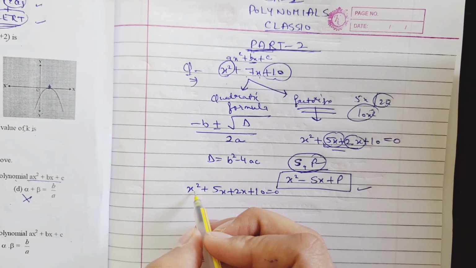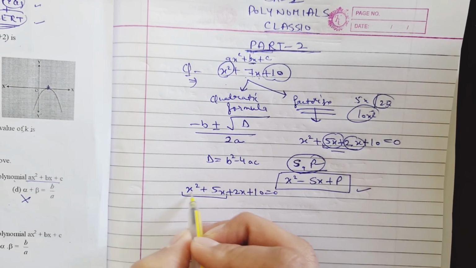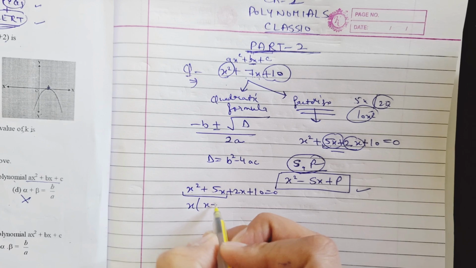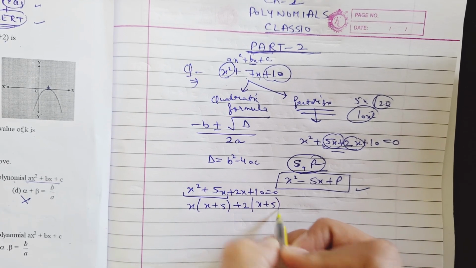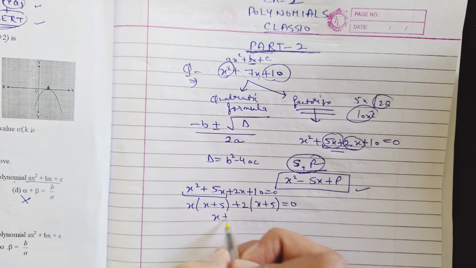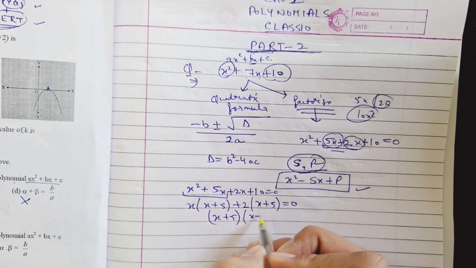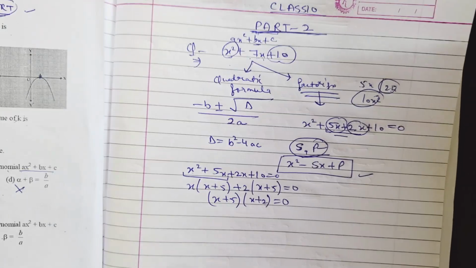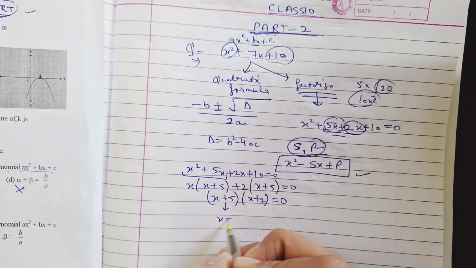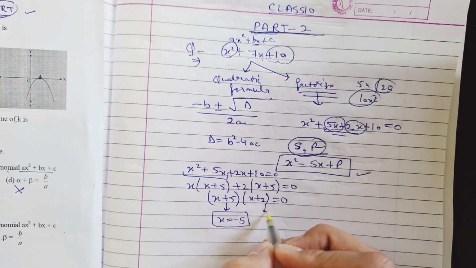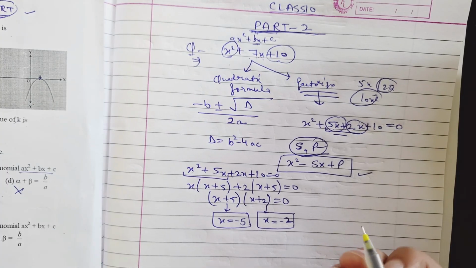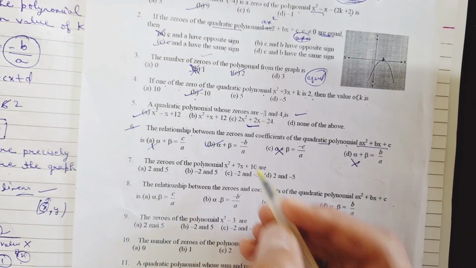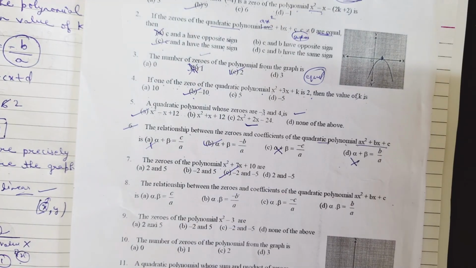Using factorization, from the first two terms we take x common: x into x plus 5. From the last two terms we take 2 common: 2 into x plus 5 equals 0. Now taking x plus 5 common, x plus 5 into x plus 2 equals 0. If x plus 5 is 0, x is minus 5, and if x plus 2 is 0, x is minus 2. So the two zeros are minus 5 and minus 2. Option C is the correct option.